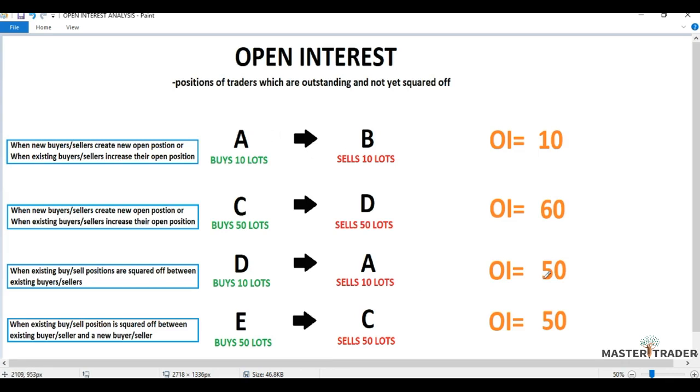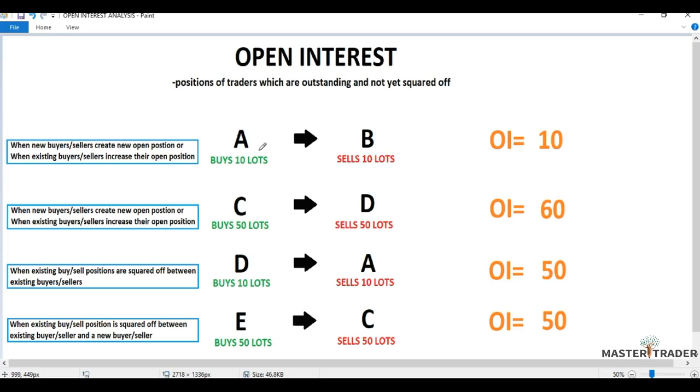In this table, let's say that A, who's a new buyer, buys 10 lots of Nifty from B, who is a new seller, and B is also selling 10 lots.